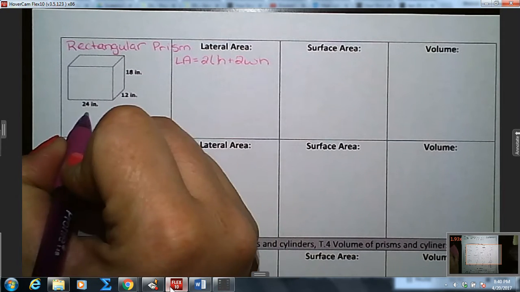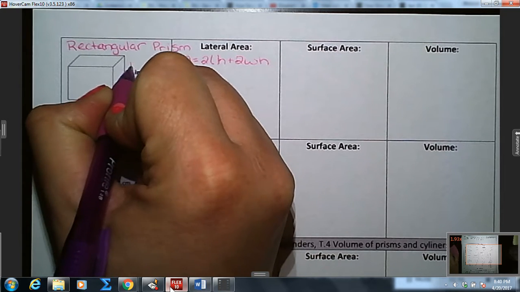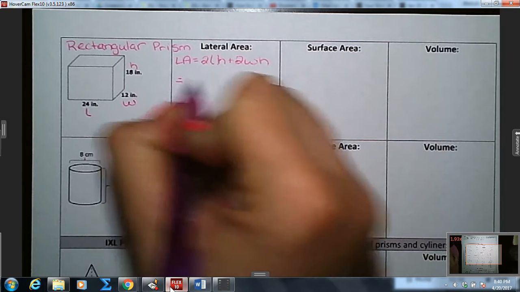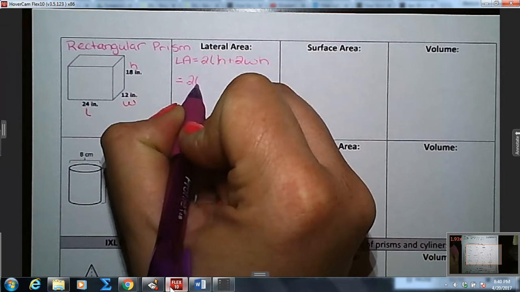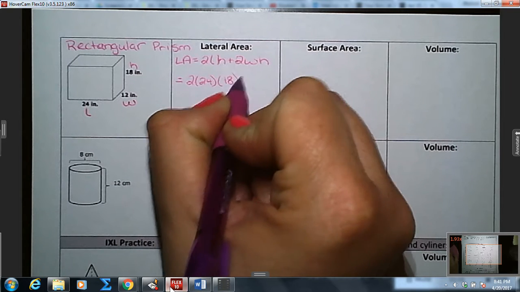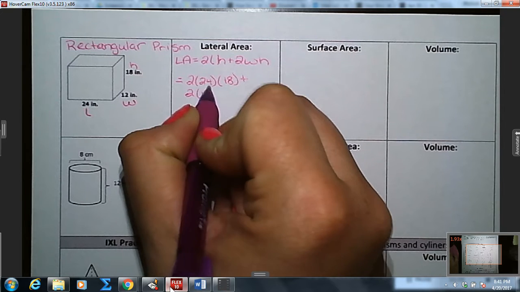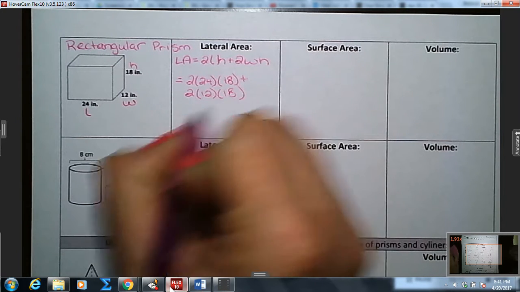In this picture, 24 is the length, 12 is the width, 18 is the height. So this will be 2 times 24 times 18 plus 2 times 12 times 18.